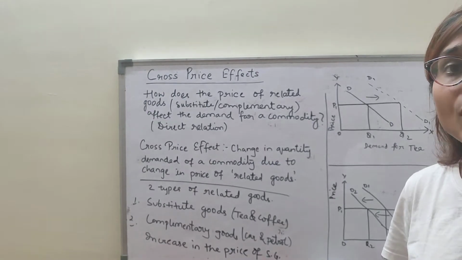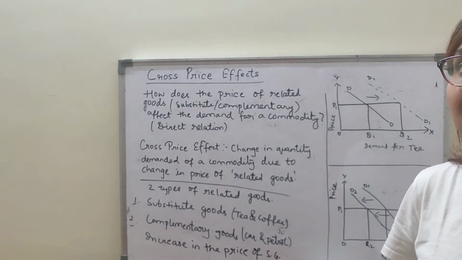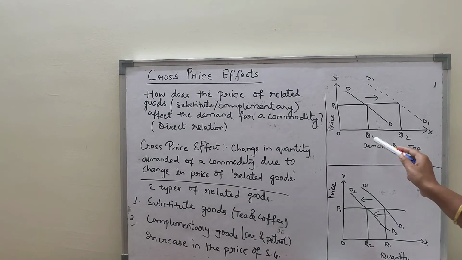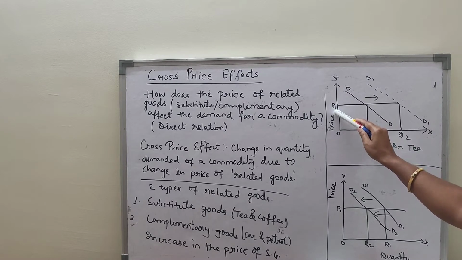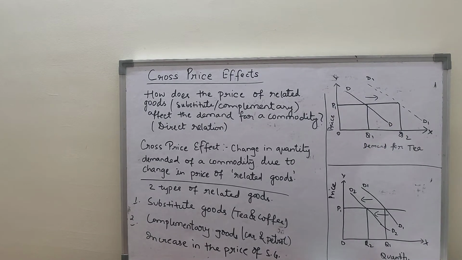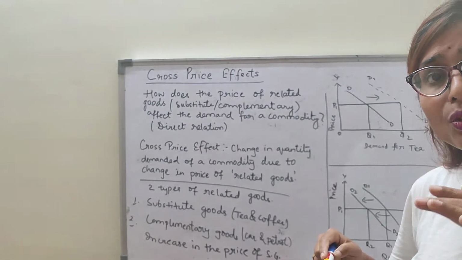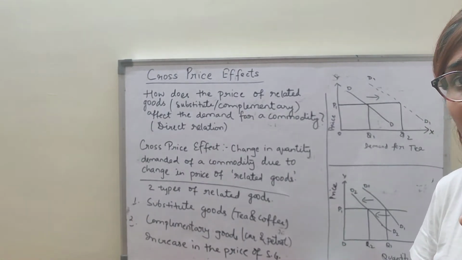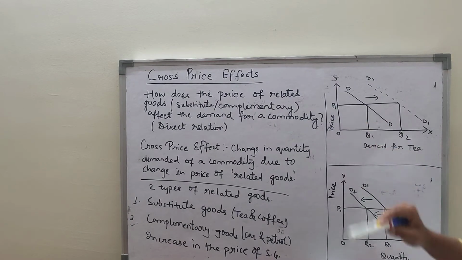People will buy less of coffee and will switch to tea. Now what happens? Demand for tea increases, even though the price of tea remains constant. Clear? Why are people buying more tea? Because coffee price has increased, so people will demand more of tea. So my quantity will be OQ2 at the same price of tea.